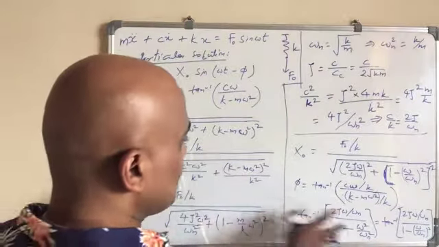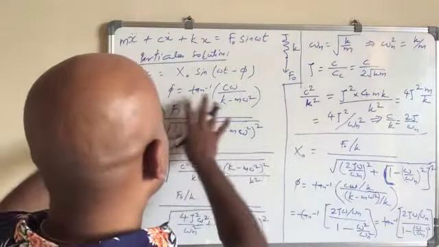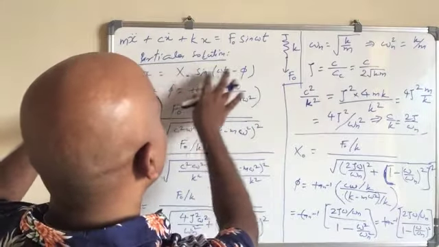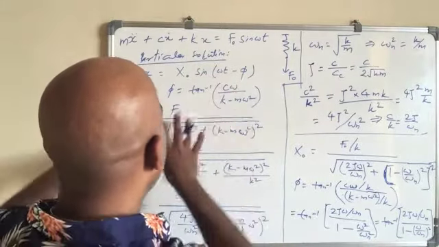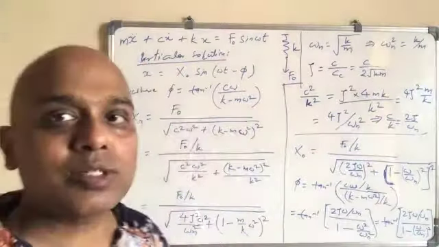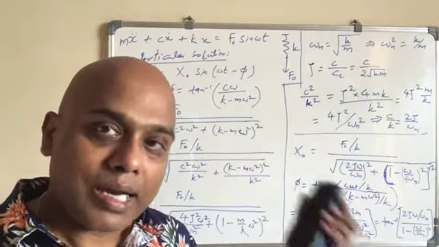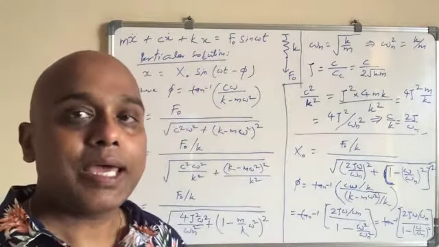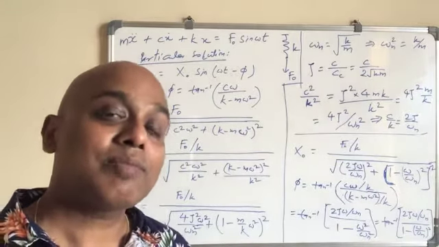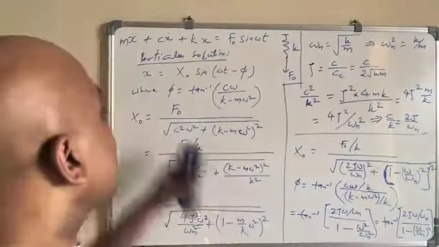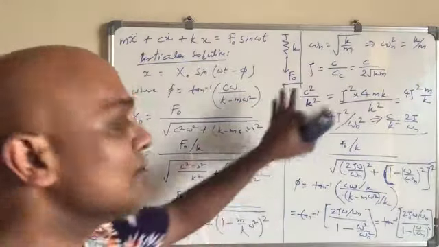This is the final form: x equals x naught sine of omega t minus phi, where phi is given by this and x naught is given by this. This is the particular solution. So the total, complete solution will be x equal to what you obtained from the free vibration plus the particular integral that you are getting here.